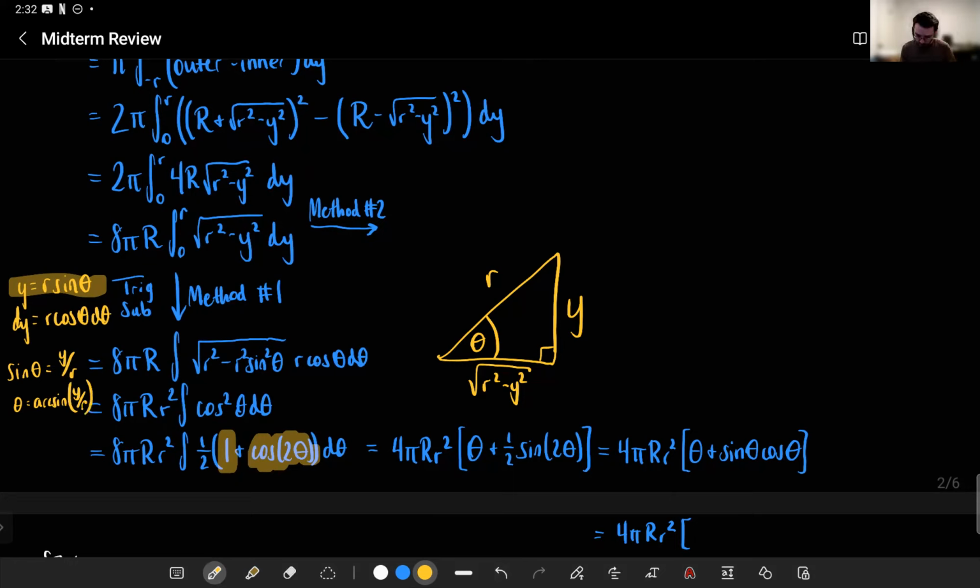Cool. And then from the triangle, we can get cosine. So cosine's adjacent over hypotenuse, which is this. Okay, so pretty hideous. We get arcsine y over r. Surprisingly, that'll work out nicely. Plus sine theta times cosine theta. So that's y over r times that.